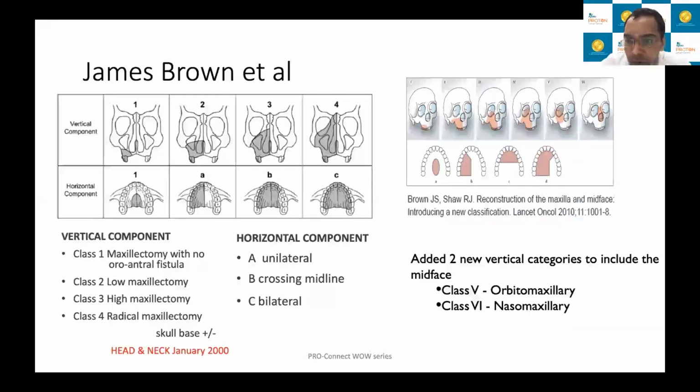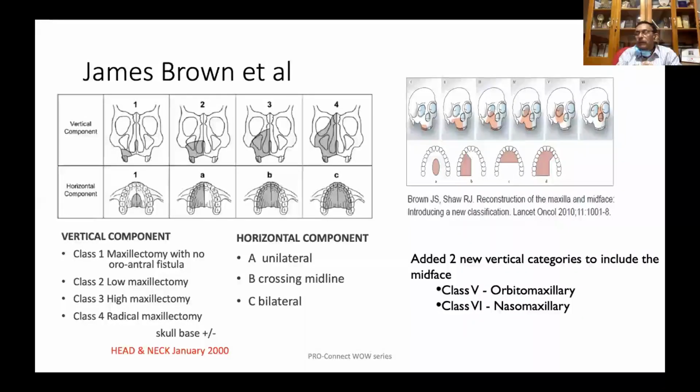Some more questions. From Dr. Johnny Uday: what do you think about personalized implants made out of PEEK or titanium? See, personalized implants are coming in a big way in everything, in temporomandibular joint and mandible.